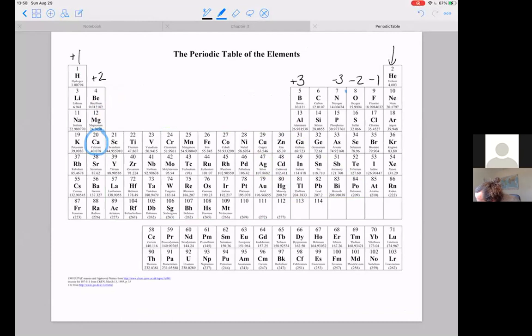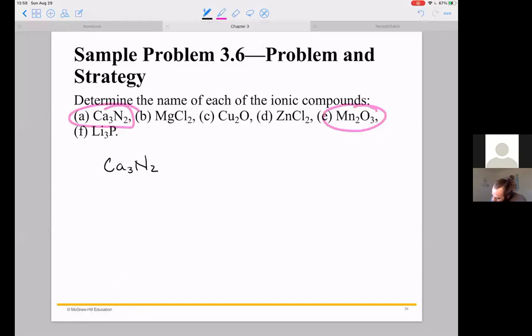And then nitrogen always has the minus charge, so there's nothing special to indicate there. So this would be a calcium ion and a nitrogen ion. Oh, and of course, because it's a nitrogen ion, we don't call it a nitrogen ion, we call it a nitride ion. So this would be calcium nitride.